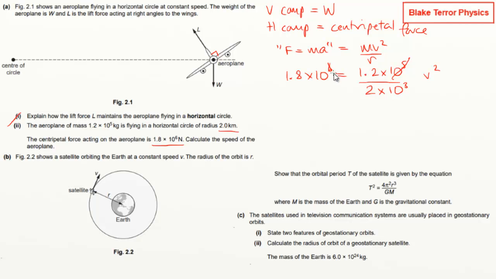So let's cancel a whole load of things. 1.8 over 1.2 is 1.5. We'll double it to get 3. So we've got 3 times 10 to the 4. So v is going to be root 3 times 100, which is 170 metres per second, sticking to two significant figures. Right, so that was a nice little calculation.